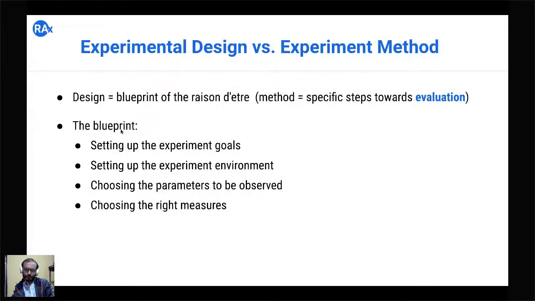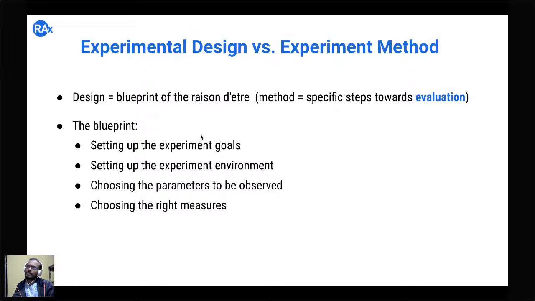In the blueprint, you have these four things. You set up the experiment goal. Then you set up the experiment environment, then you choose the parameters to be observed, and then you choose the right measures, right? This is very simple. These are the four different things that you need to have as your blueprint.